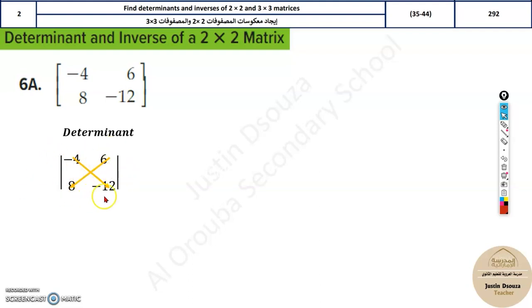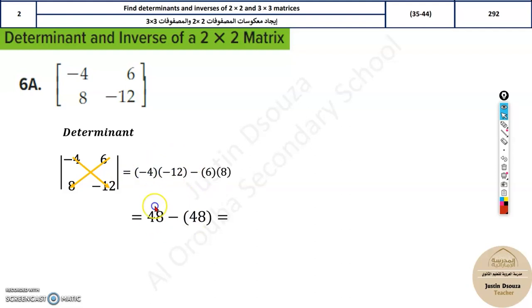So it's basically drawing an X, but you start the X from the left side, right? So remember, you start from the left side and draw, and then multiply the other 2. So it's going to be -4 times -12. It's always minus, okay? Just remember that. 6 times 8.